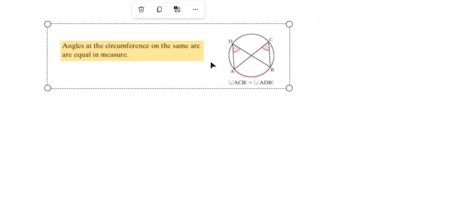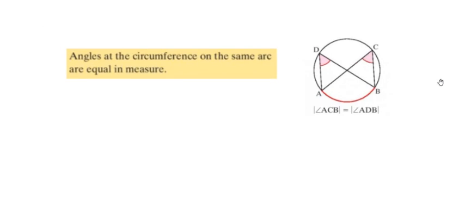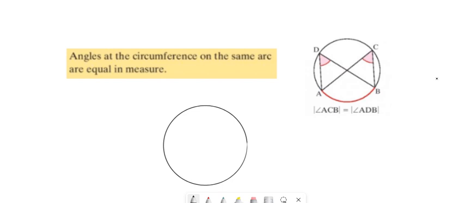The next one: angles at the circumference on the same arc are equal in measure. This is hard enough to see, this one. So again, if we start out with an arc along the bottom, I'm marking in the 2 points where the arc starts and finishes.